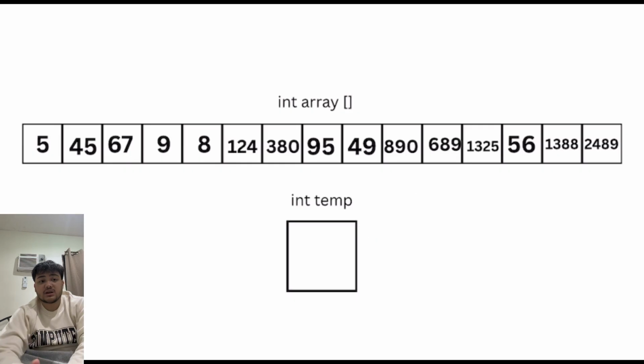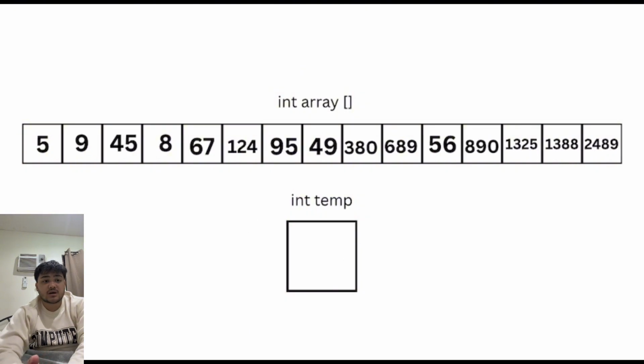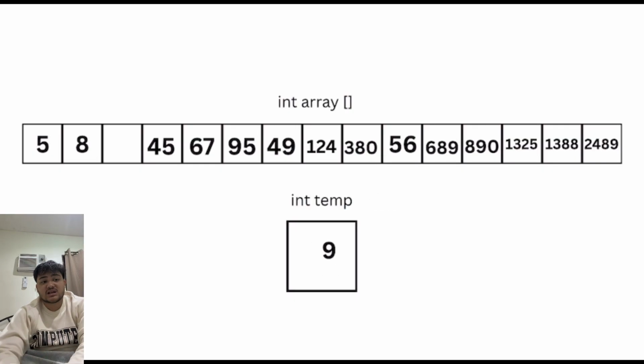This process continues across the list, and because one full pass is not enough to sort everything, bubble sort performs multiple passes. With every pass, the largest unsorted element gradually moves, or bubbles up, toward the end of the list, which is where the algorithm gets its name.